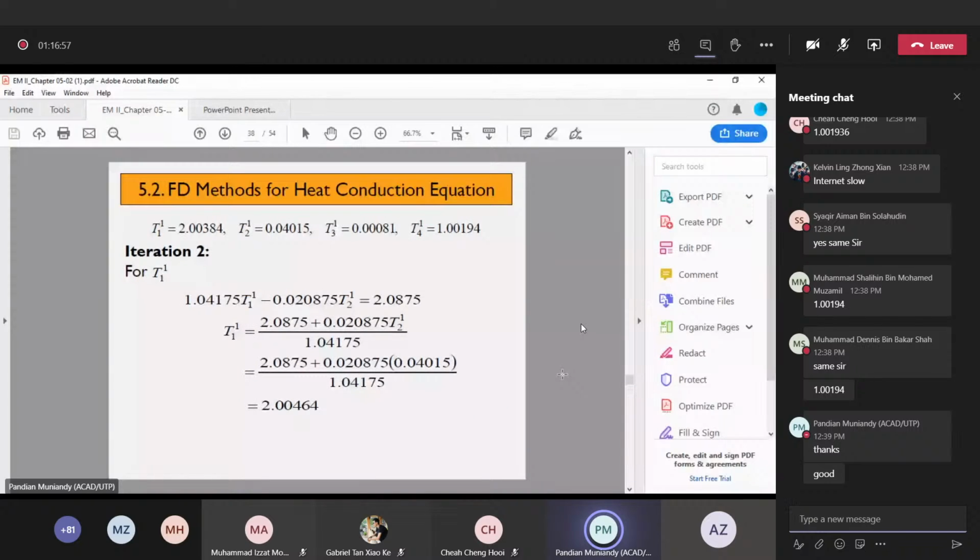Now the first iteration output is this one. We use the same matrix, but the iteration is different. You calculate T1 still the same way, but the value will not be the same. Why? Because this is a numerical calculation. The temperature T1 is 2.00464, which is different from 2.00384. Even though it is a very slight difference, it is still different.